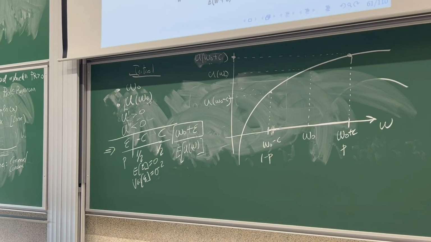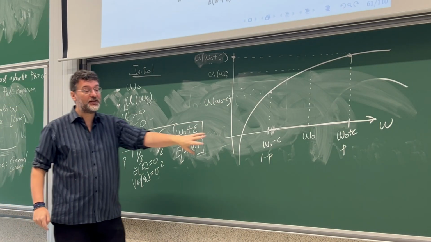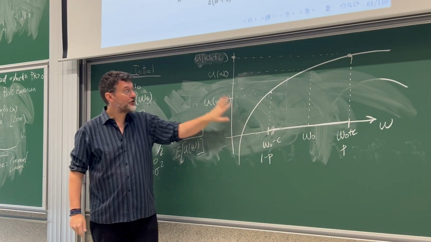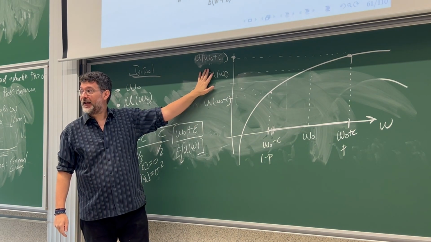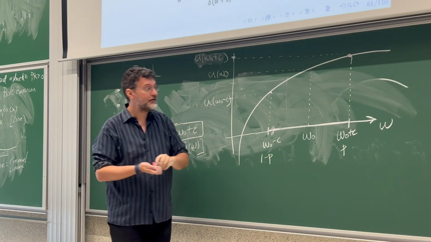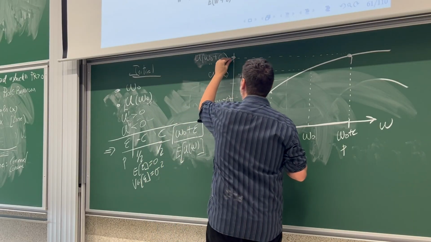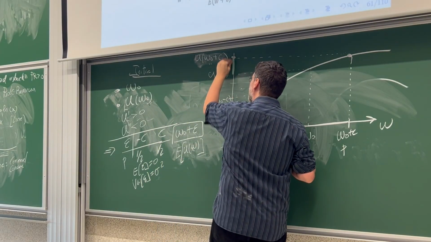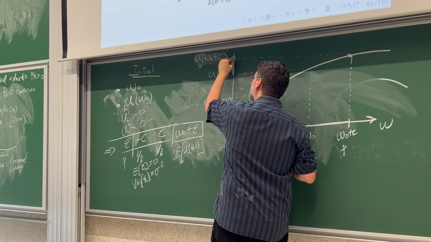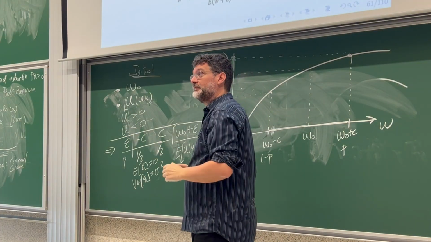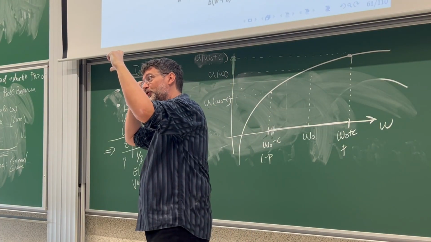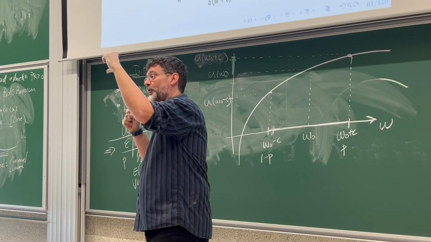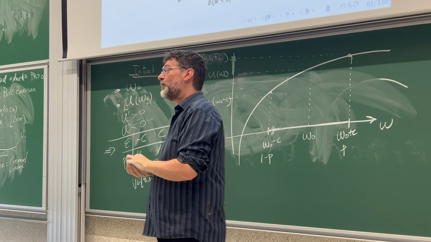But how it feels, this is not where you make decisions. You make decisions in this scale. How it feels is when you have something to gain, you gain all this utility, and that of course makes you happy. This much is what you will experience if things go right.